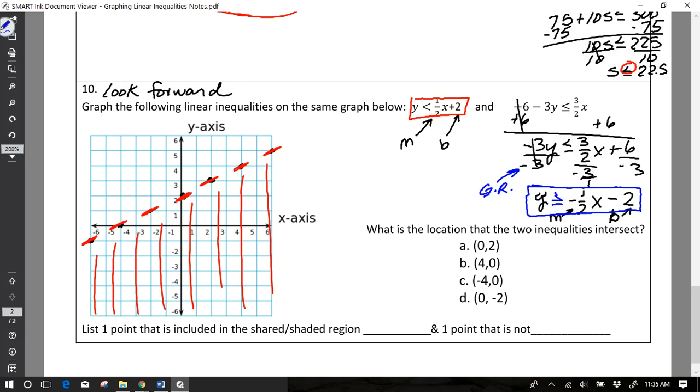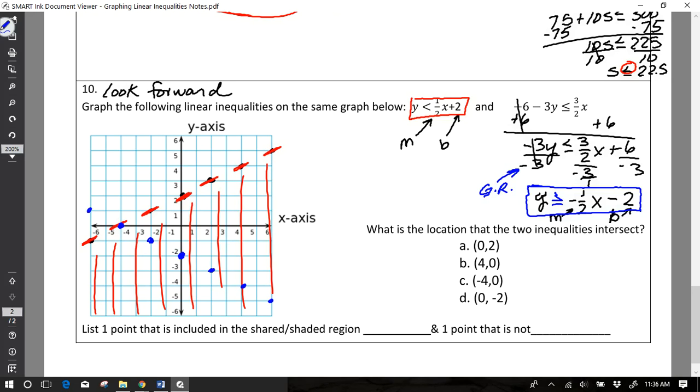And then let's go ahead and graph it. So my y-intercept is at -2, and then my slope is -1/2 x. So down 1, right 2. Down 1, right 2, all the way across. You can also go up one left, up one left.